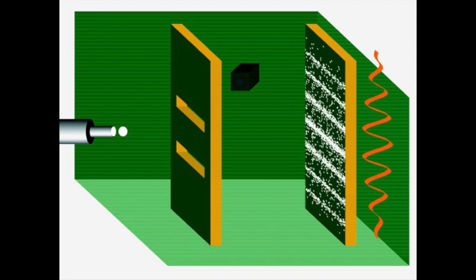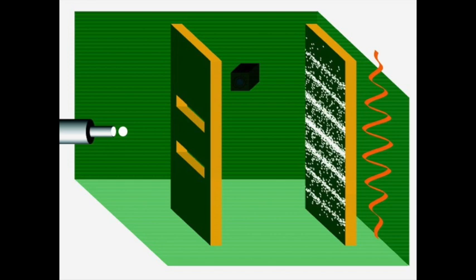So it seems to be that it leaves the electron gun as a particle, then somehow travels as a wave through both these slits to generate an interference pattern at the screen. But that interference pattern is actually formed by individual particles landing, or at least being detected, at the screen.